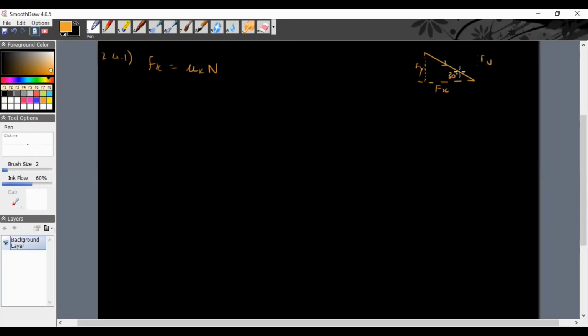So the vertical components on the block consist of F_y and F_n. If we're going to look for F_y, this side is 25, and opposite over hypotenuse is sine, correct?